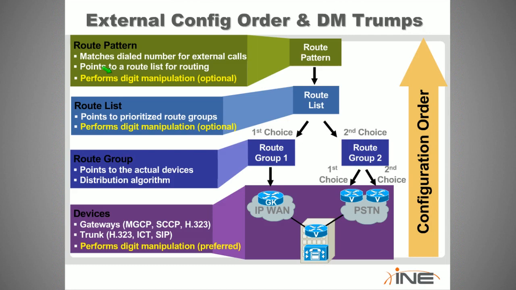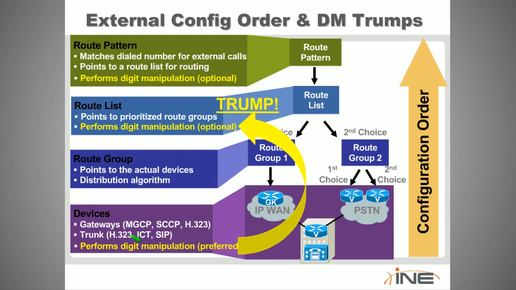So if I perform digit manipulation here at the route pattern level, and other than a few bugs in 7.0.0 or 7.0.1 even, that 7.1 cleared up, if I perform digit manipulation here at the route pattern, then I also perform it at the route list details, and then I also perform it at the gateway or trunk via CSS, this route pattern does not take effect and then go on to add in or compound the digit manipulation of the route list details, and then go on to compound or add in the digit manipulation of the gateway's called party transformation. It doesn't do that.